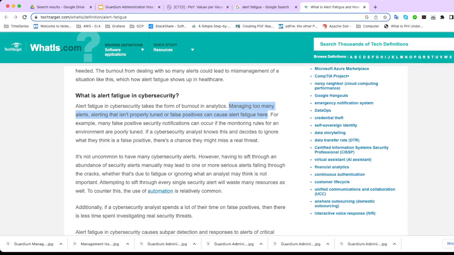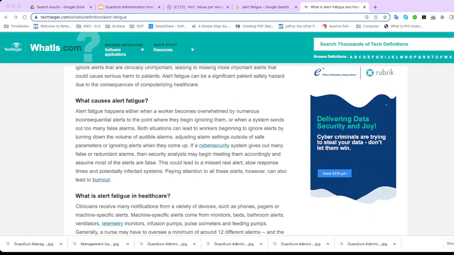And here it says, okay, so if a security analyst knows this and decides to ignore what they think is a false positive, there is a chance they might miss a real threat. The key point is actually here, right?